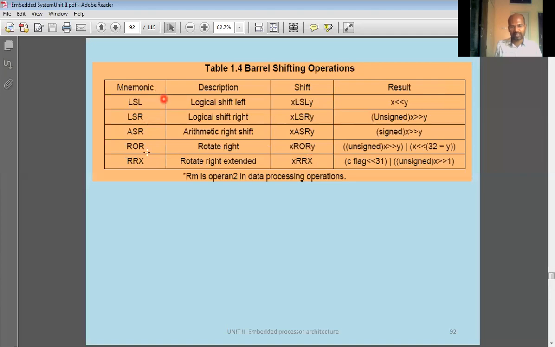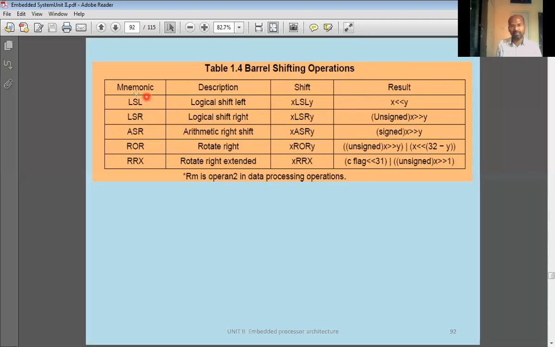These are the instructions supported by the barrel shifter. When you use these instructions, the corresponding action will happen not in the ALU, but in the barrel shifter, and only the second operand will be affected.